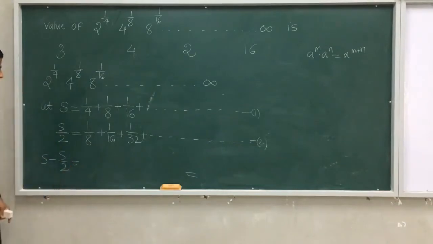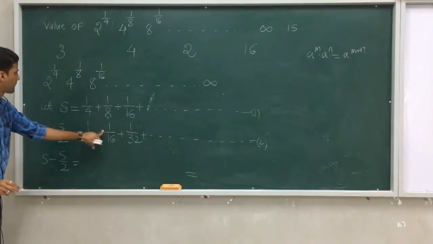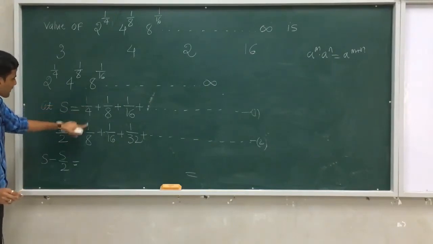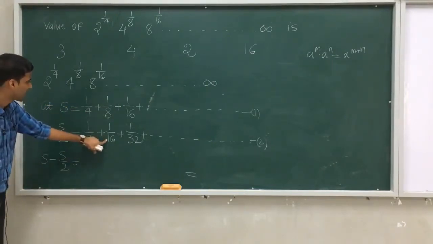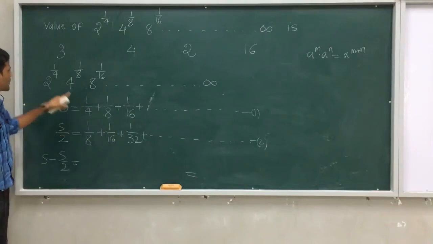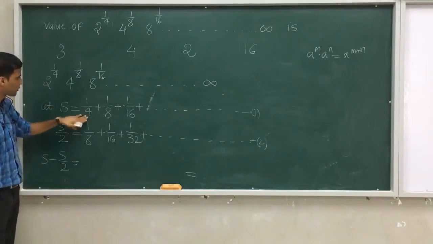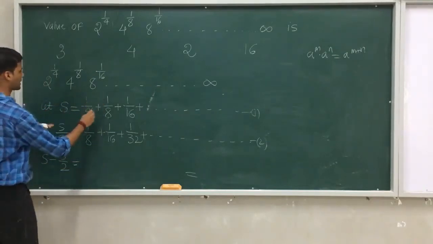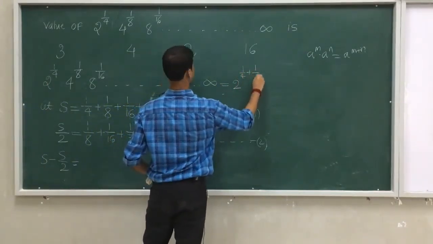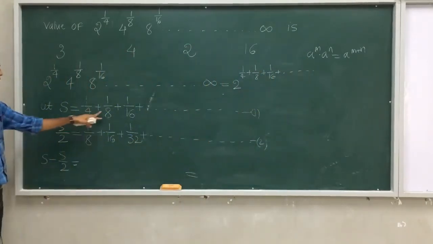Now the logic I will apply here: if you do this as 1/4, 1/8, 1/16, so on, then s is 1/4 plus 1/8 plus 1/16, written as 2 power that sum.